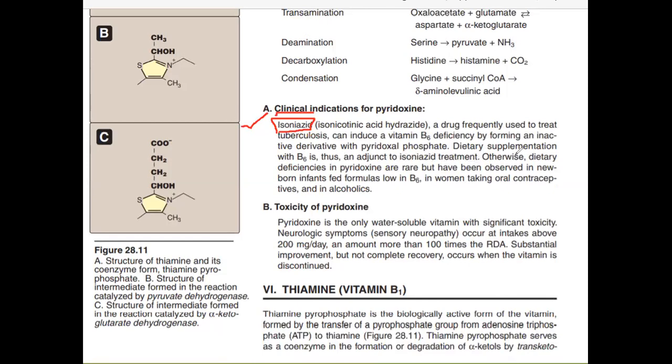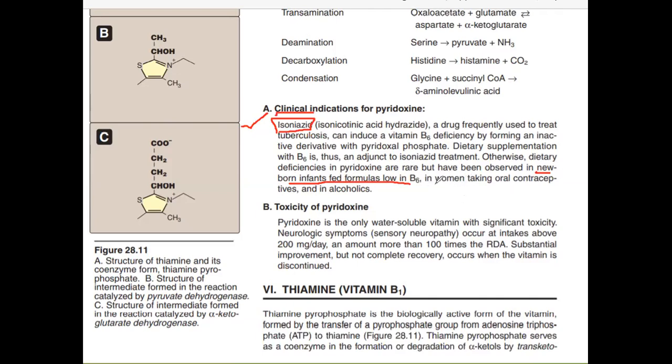You getting my point? Otherwise, dietary deficiencies in pyridoxine are rare, but have been observed in newborn infants fed formulas low in B6. Newborn infants who are not fed on the mother's breast milk and use formula milks can have this deficiency if the formula lacks B6.